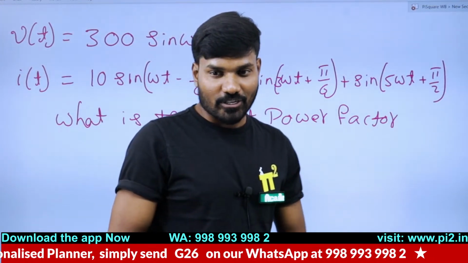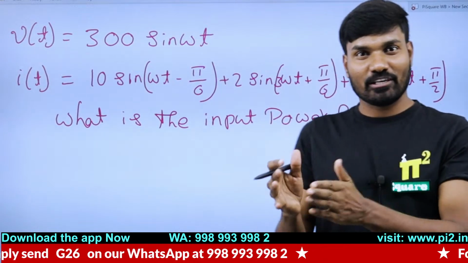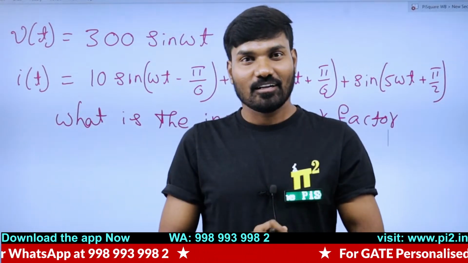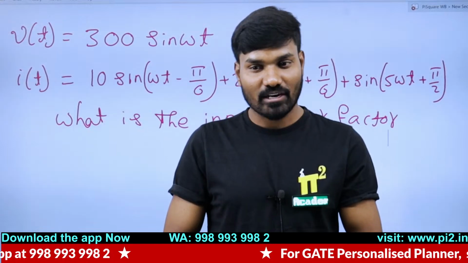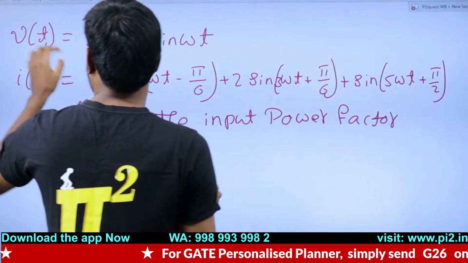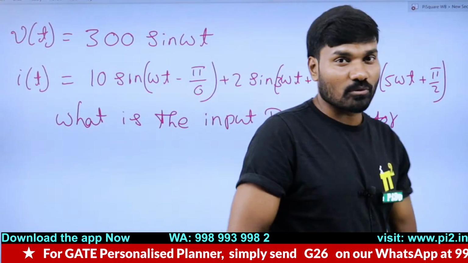Now we're discussing the GATE 2025 exam paper, just completed today, for electrical students. There is a question on power electronics. Before I get into this question, I want to say one thing.